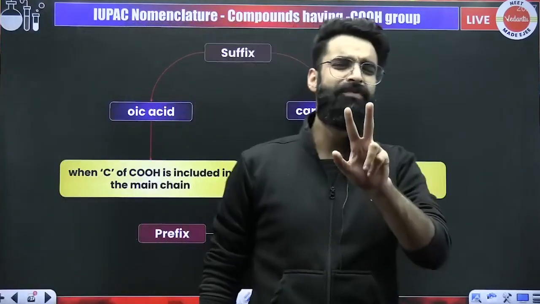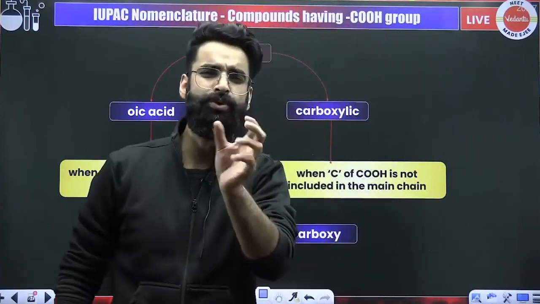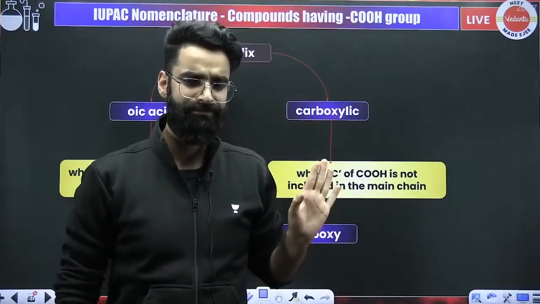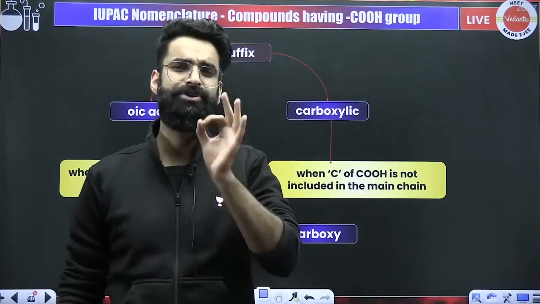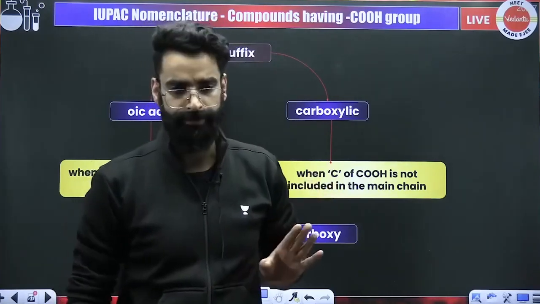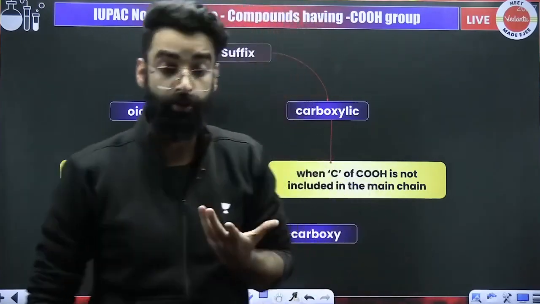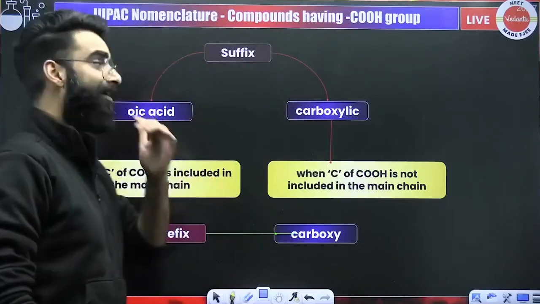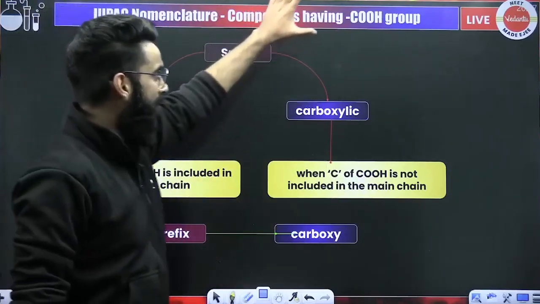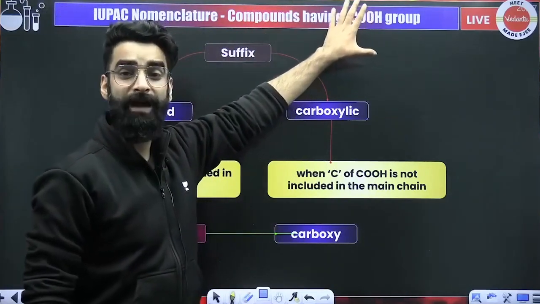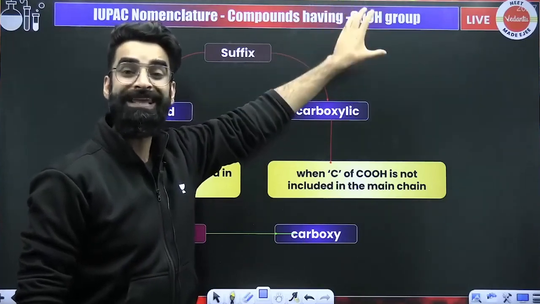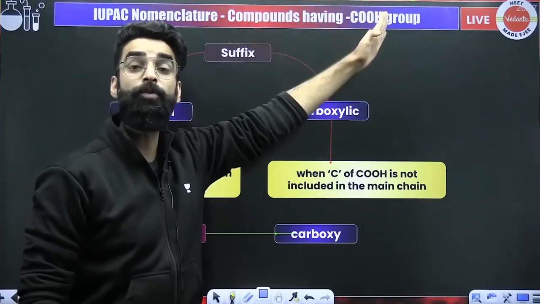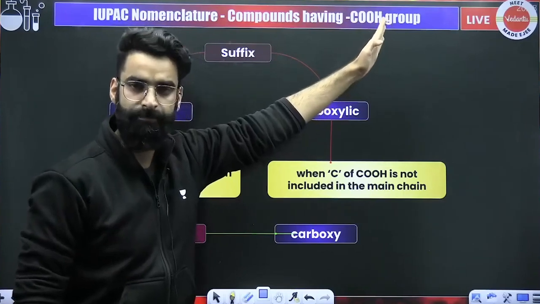My dear students, I would want you to remember only 2 to 3 things over here. I am going to talk about those compounds which contain the functional group carboxylic acid.